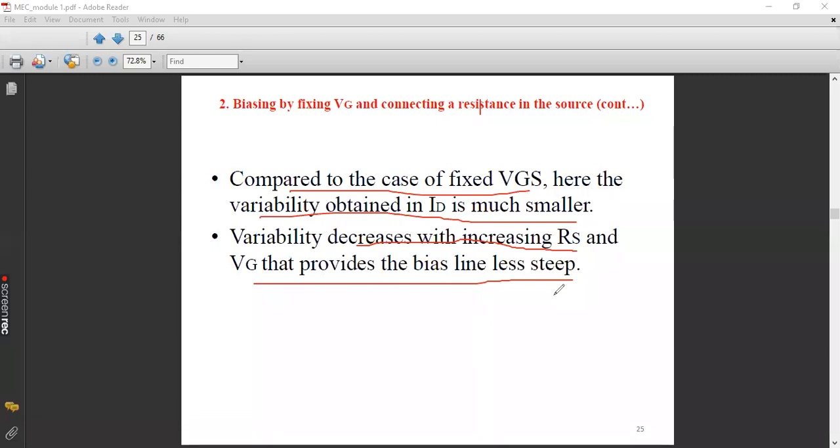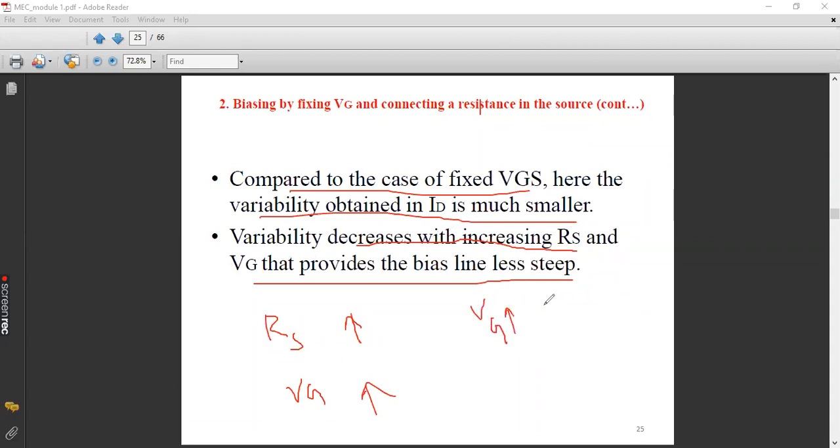Okay. So one approach is to increase RS. Second approach is VG can also be controlled. But you just study this RS, because VG anyway you are keeping constant, right?